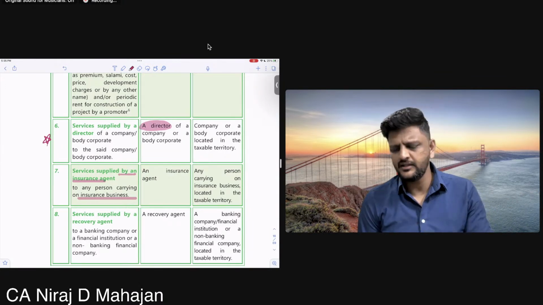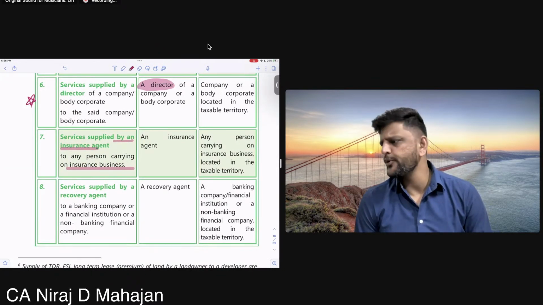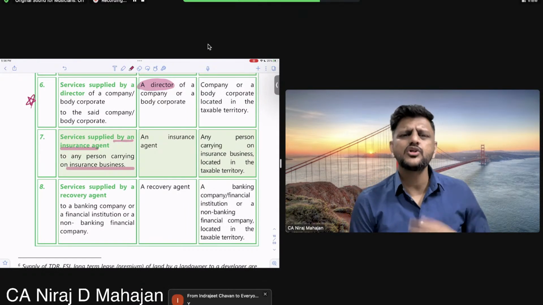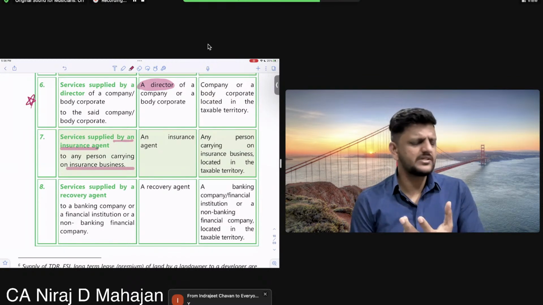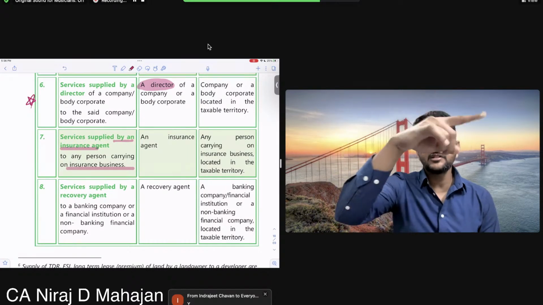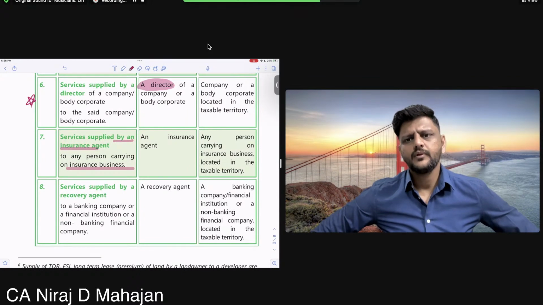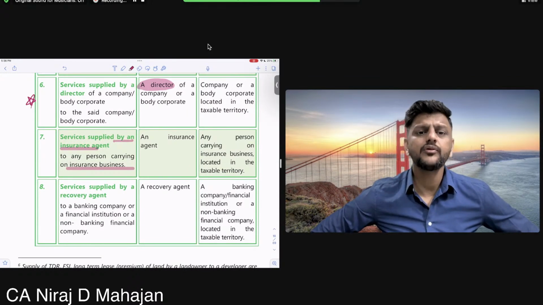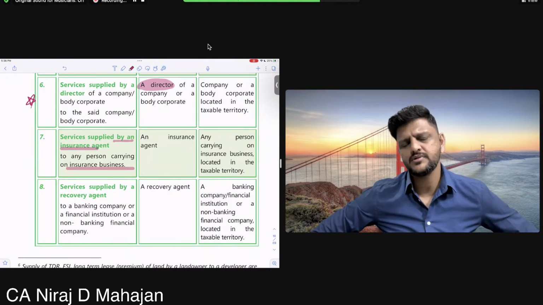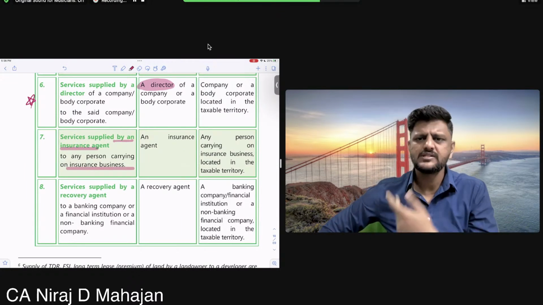In a way, this is an agency-principal example. The agent provides service on behalf of the principal. Who is the principal here? The insurance company or insurance business. Now an insurance company may have hundreds and thousands of agents, and all those agents are not going to separately do the compliances. For what amount? For the commission paid. So service is supplied by an insurance agent to any person carrying on insurance business. Service is from agent to insurance company or insurance business. Clear till here?